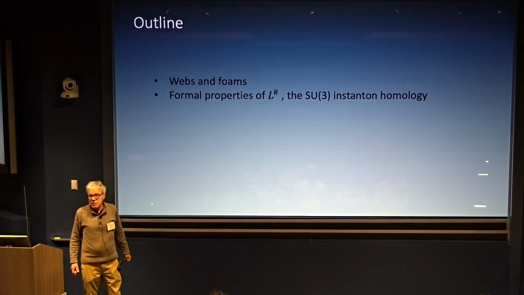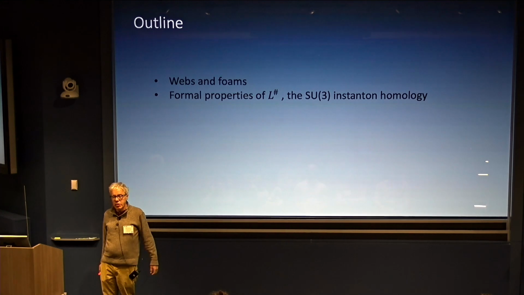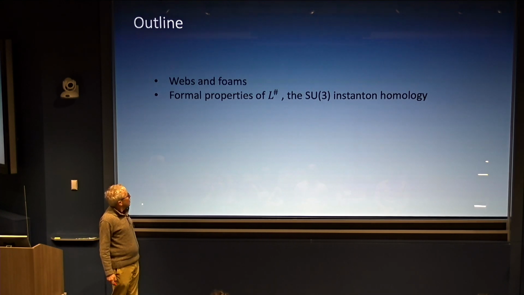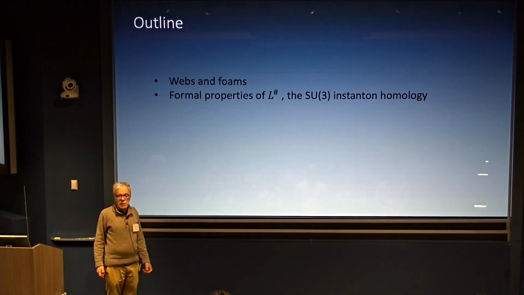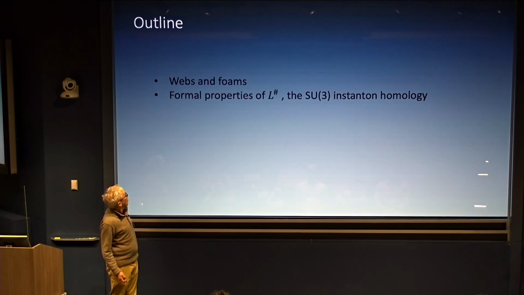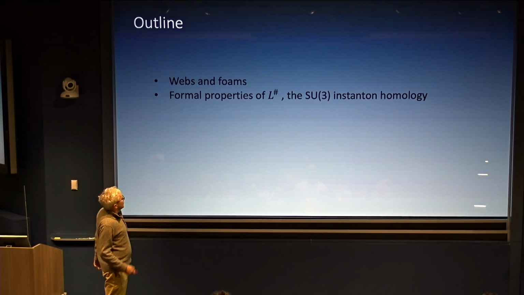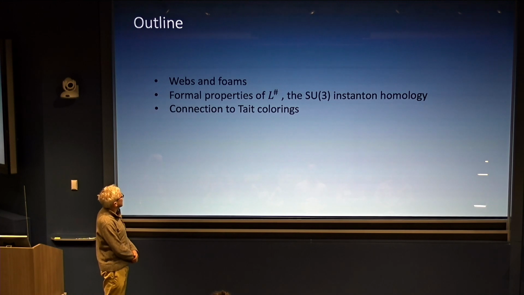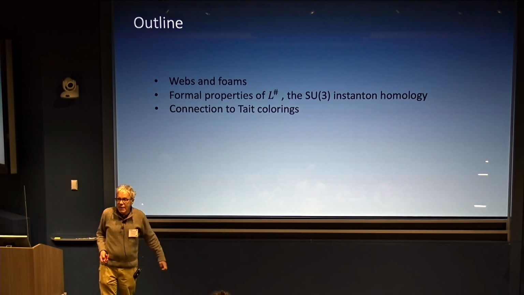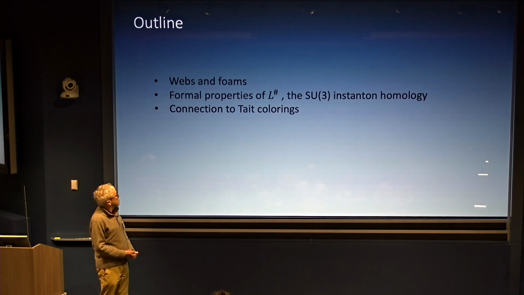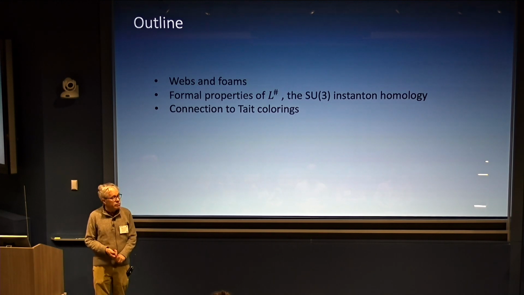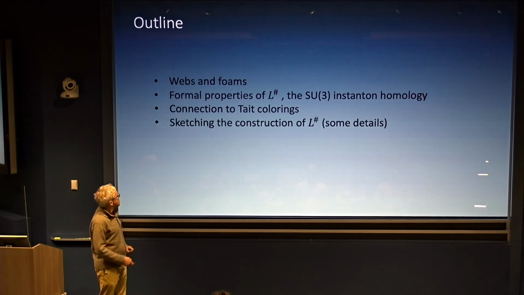Most of the talk is about something I'm calling L-sharp. It's an SU3 instanton homology for webs and foams, and I'll tell you what those terms mean as we go along. To me, some of the interesting things about L-sharp are the way it connects in two different ways to Tait colorings of graphs, and I'll talk about that.